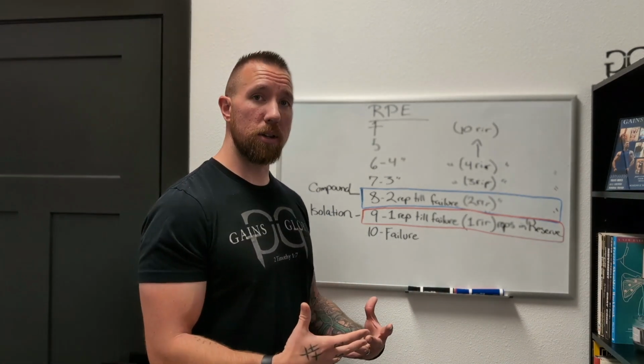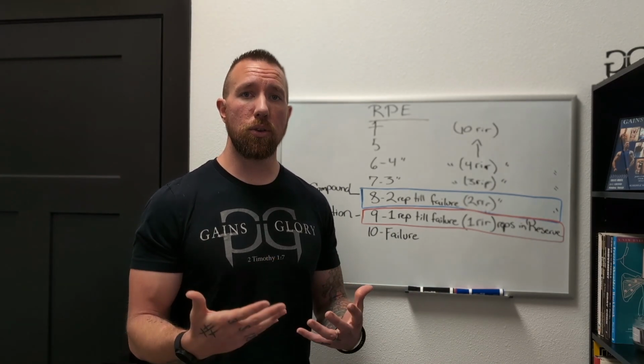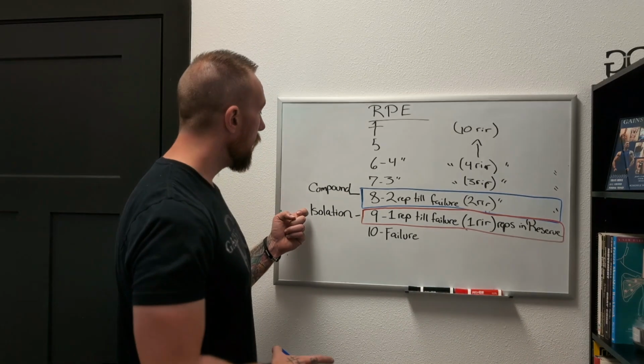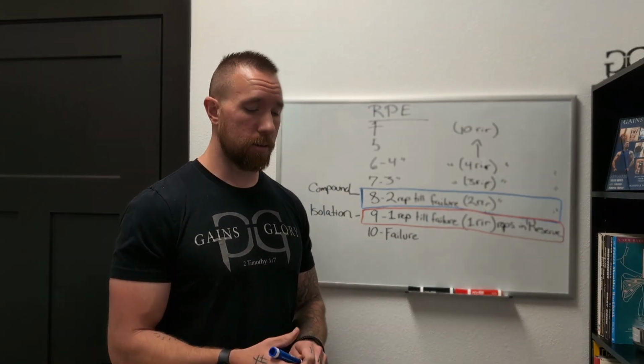So use this skill whenever you're doing any set at any time, and use this methodology of 8 to 9, 8 for compound and 9 for isolation whenever you're doing your sets.